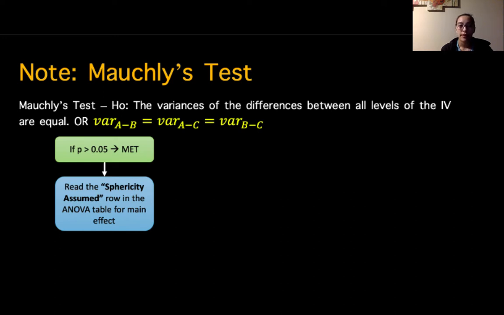You could say the variances of the differences between all levels of the independent variable are equal. So there's a little bit of flexibility in how you interpret it. Once you determine that you have assumed sphericity, you go to the ANOVA table in the output. There are different rows based on the adjustments that are applied, so you'll use the sphericity assumed row.